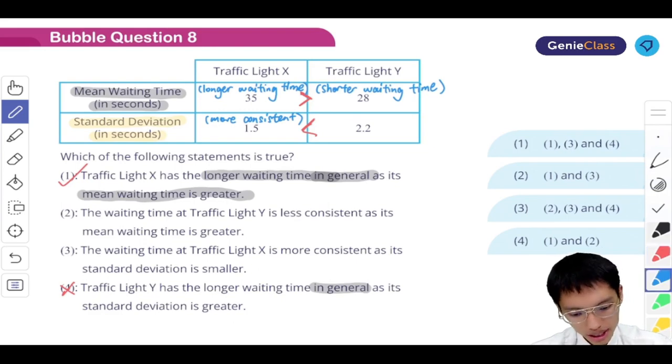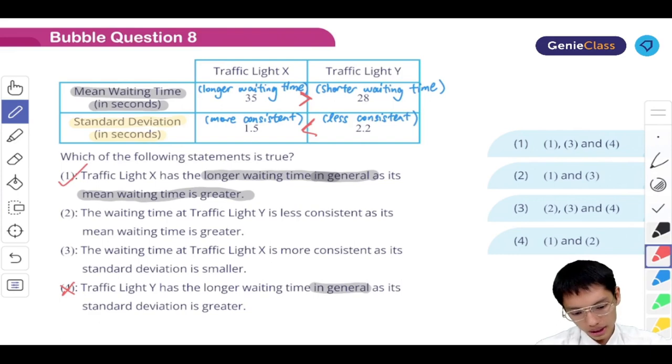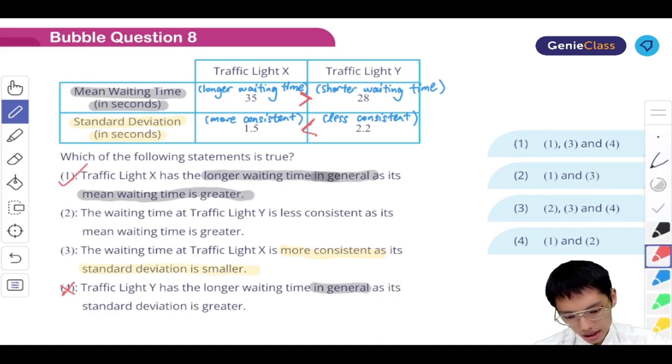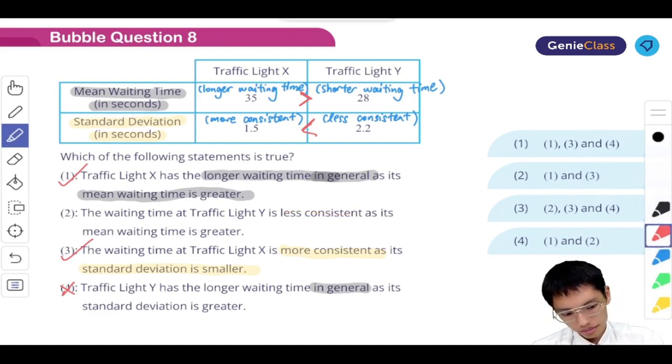Therefore, the greater the standard deviation, the less consistent my data is. Hence, this explains what I want to say. More consistent, standard deviation smaller. For the other one, less consistent.